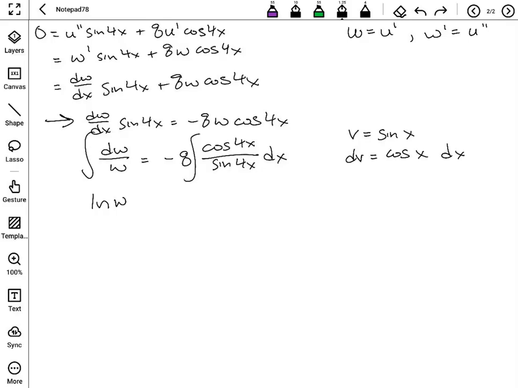But I want to be getting rid of sine 4x and cosine 4x, so I just have to remember to multiply out front by 4, and then I should be good. What this means is that dv over 4 is the same as cosine 4x dx, and v is the same as sine 4x.